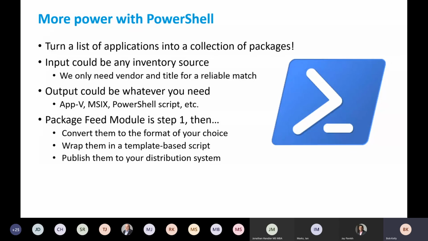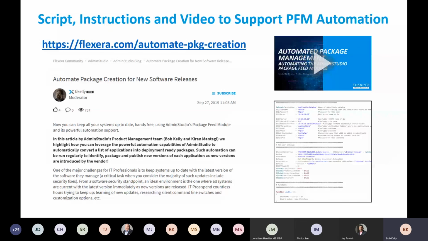And when we find them, automatically download them, automatically convert them, automatically publish them, whatever it is you want to do. And the script to do so is in the Flexera community. I've got a video that shows you how it works, the script itself, as well as an article that details how to go about it.